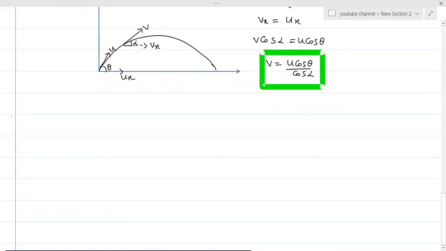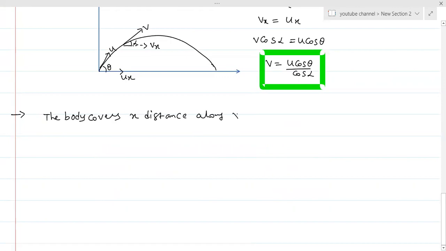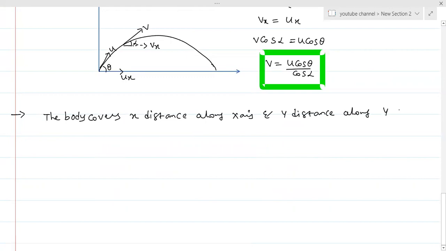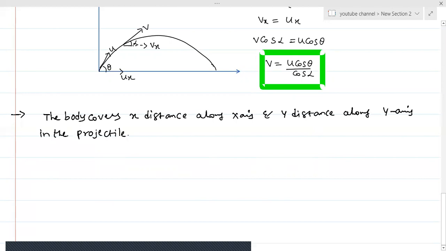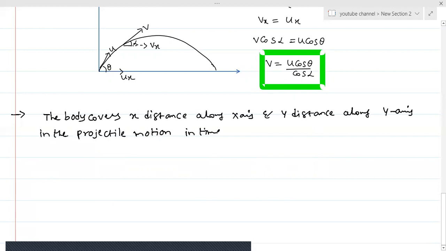Next, for example, after some time the body covers x distance along the x-axis and y distance along the y-axis in the projectile motion in time t.